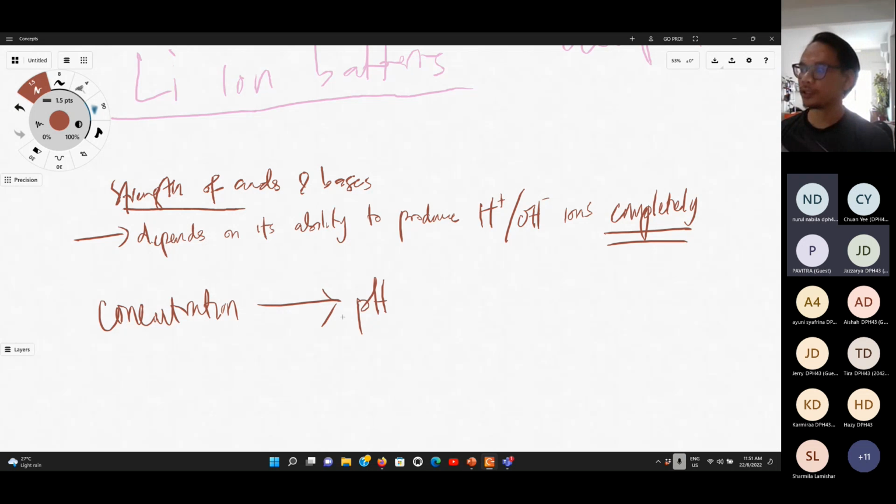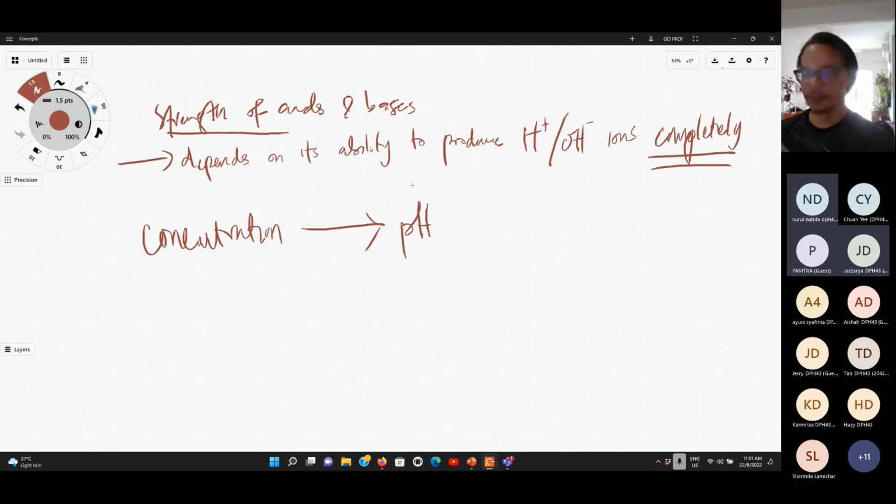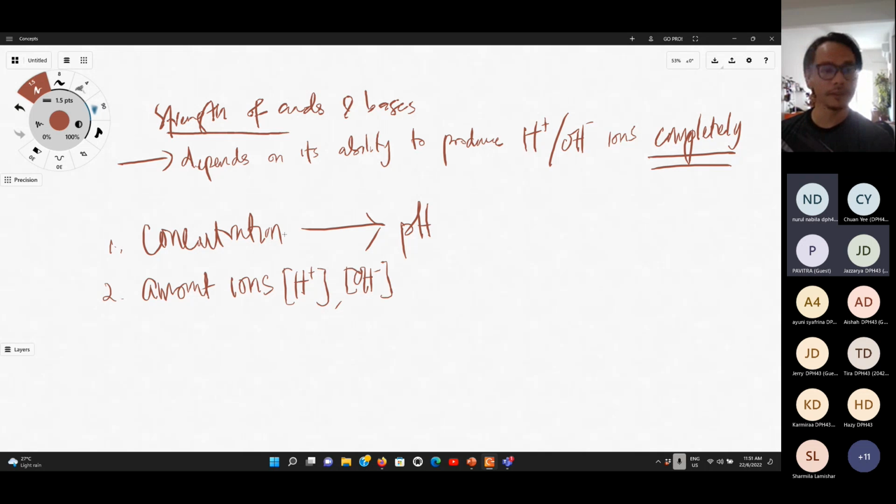So pH is influenced by concentration and also by the amount of ions, in this case H plus and also OH minus. Okay, we look at the concentration of the solution and also the amount of H plus and OH minus present. So if we talk about pH, there are two things we have to consider. But if we talk about the strength of an acid and base, we look at only one thing, its ability to produce these ions.